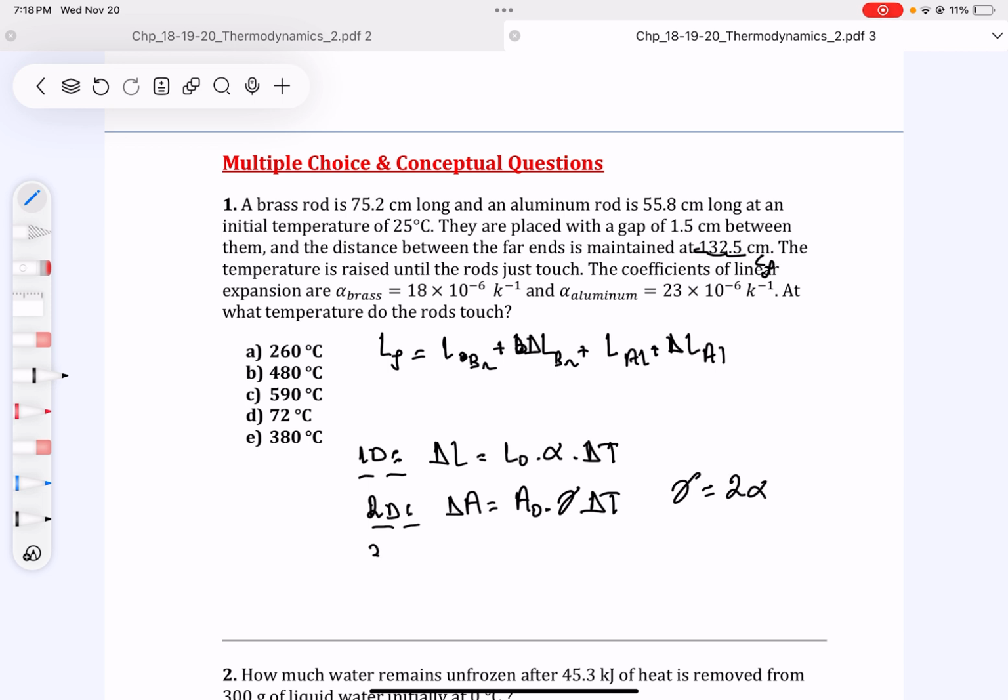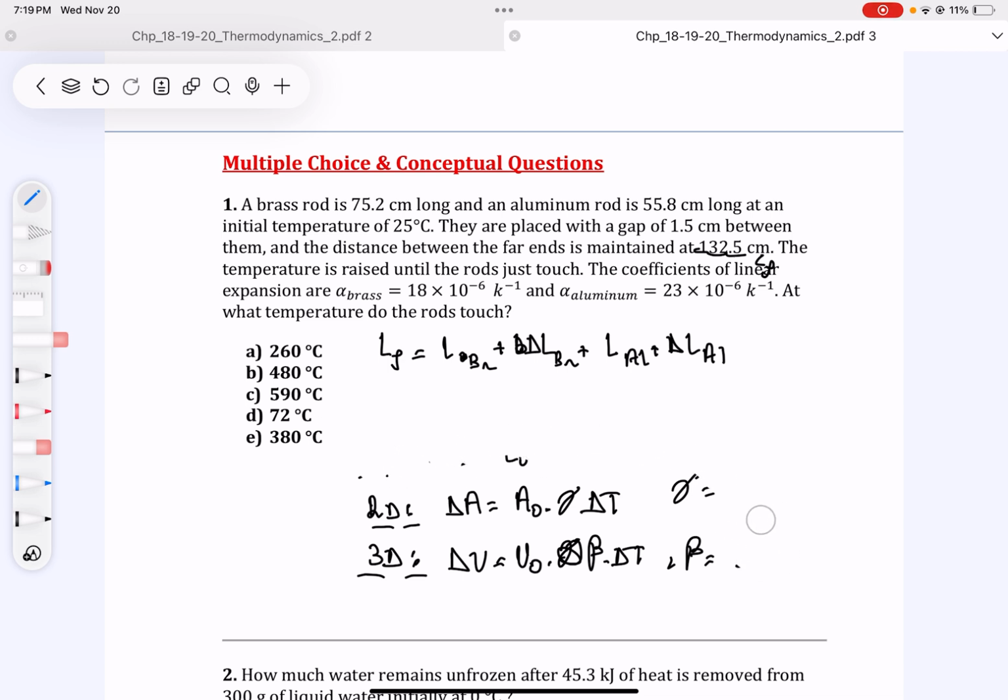And for 3D, the delta volume is V0 times beta times delta T, where beta is just 3 alpha. This is just to remember the expansion when temperature is raised.